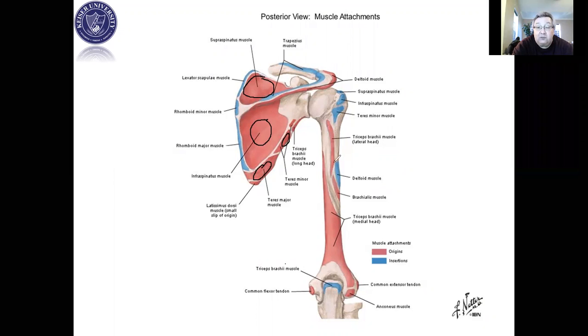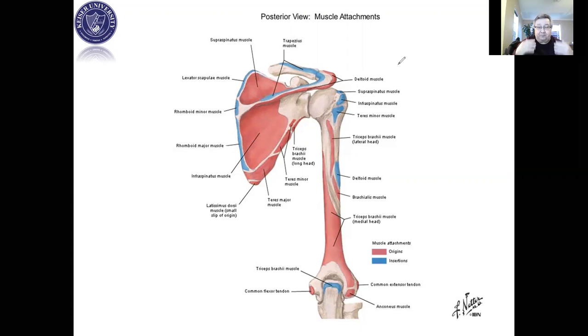Over here, we have the triceps. Down here is also an area of the triceps. Up here is an area for the long head of the biceps. So as you can see, these pictures help guide you and give you an idea of where these muscles have an origin and an insertion.